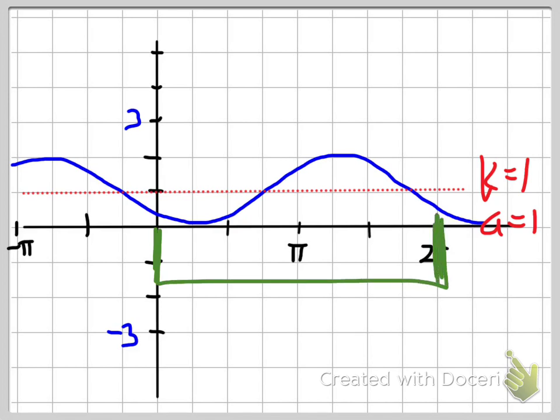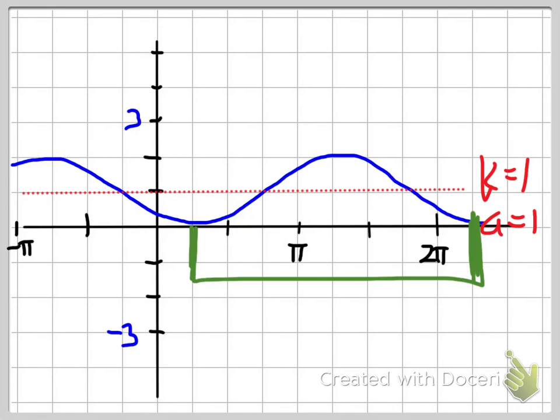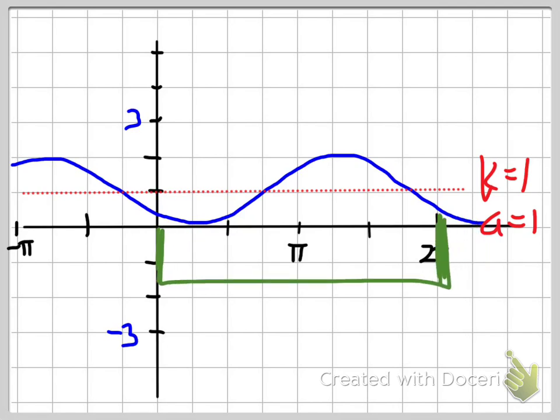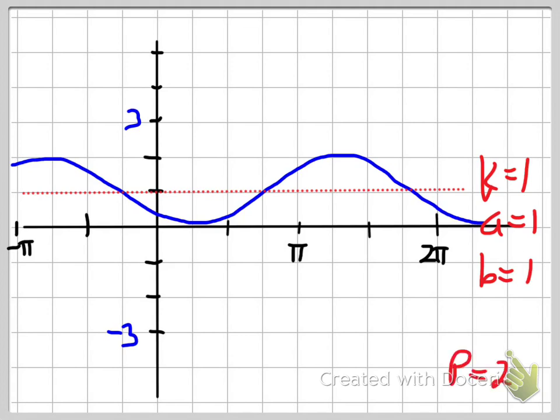That's a little bit hard to maybe see what that is, but if I move this over, the bottom to the bottom there is still a distance of 2 pi. That is 1 full cycle, which means my B value on this is 1, which means the period would be 2 pi.